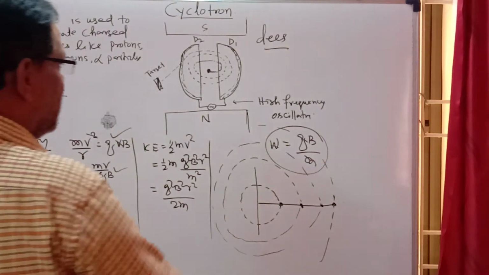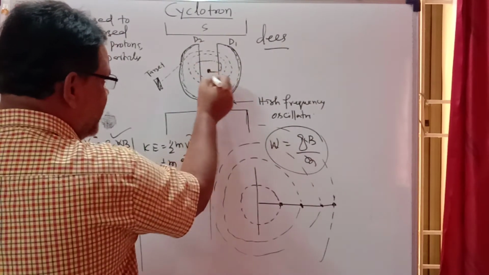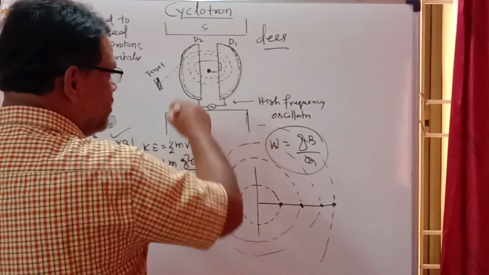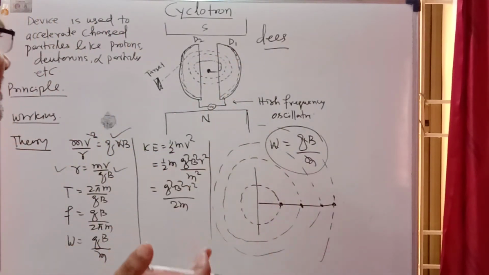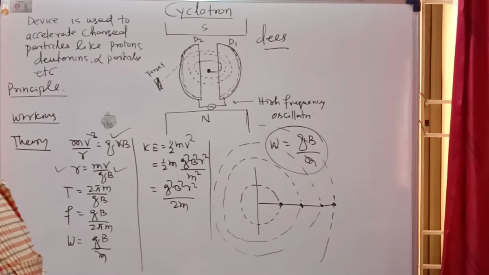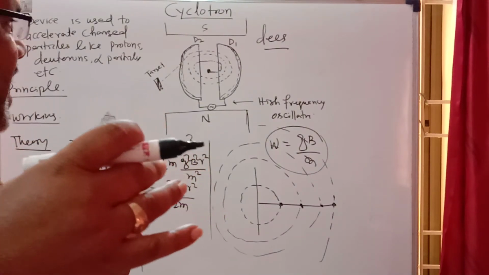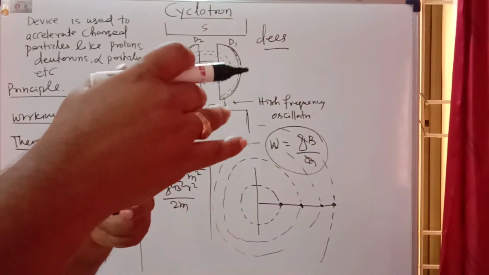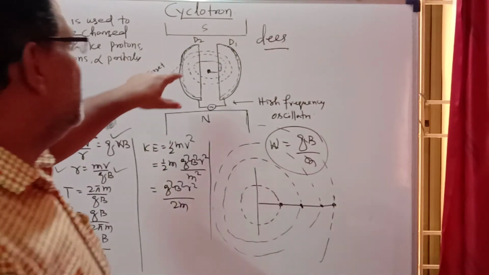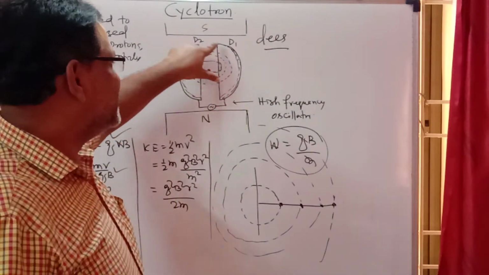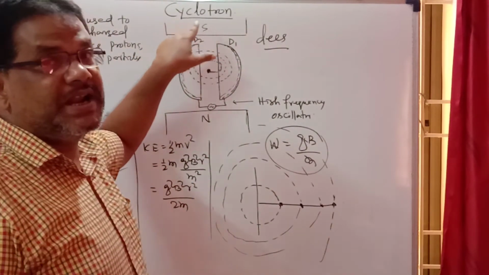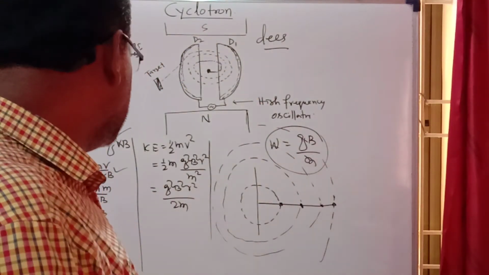In the same manner, as the particles attain more and more velocity, their radius gradually increases, and they attain the maximum radius with the maximum velocity, which means the maximum kinetic energy.